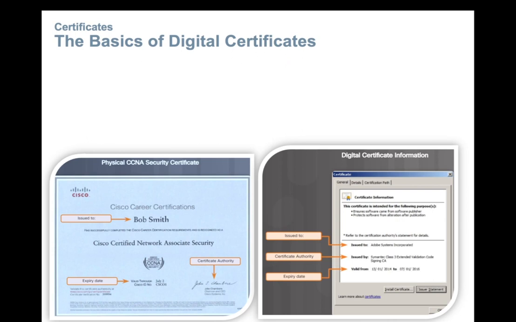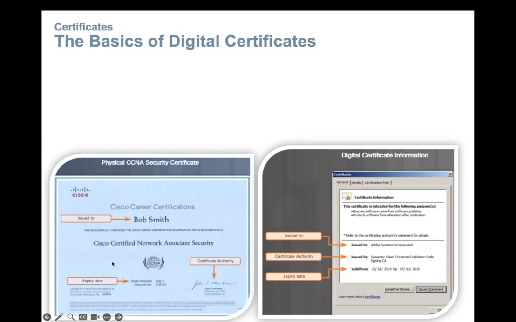For example, the paper based Cisco Certified Network Associate certificate shows who it was issued to, Bob Smith, and that it was issued by a certificate authority, CA, along with its validation date.